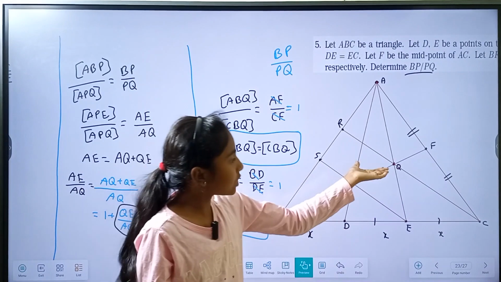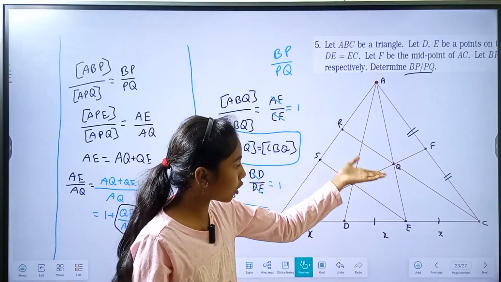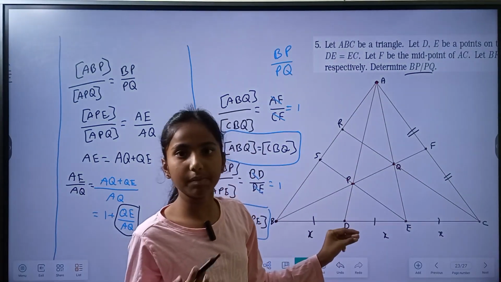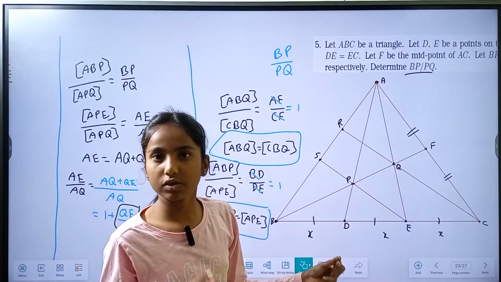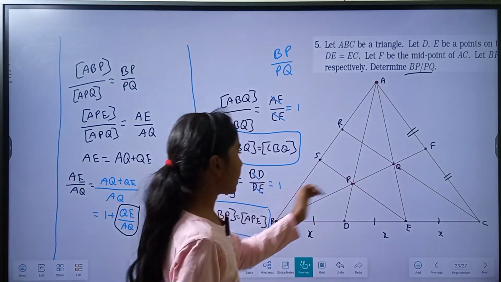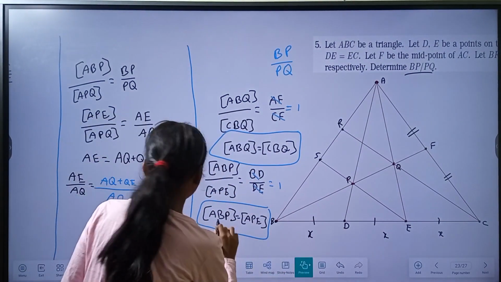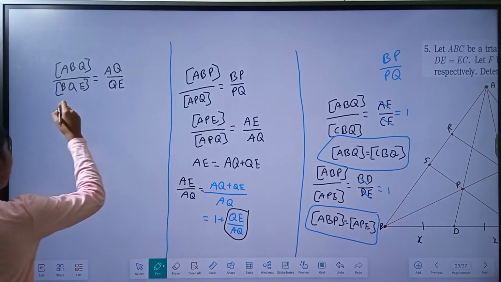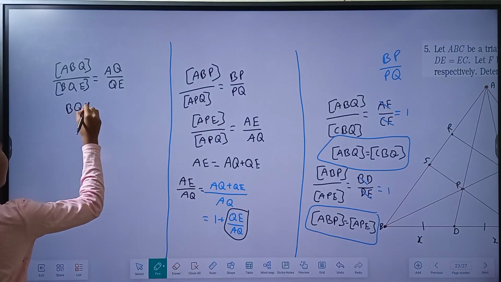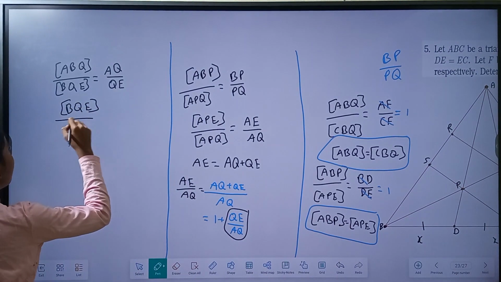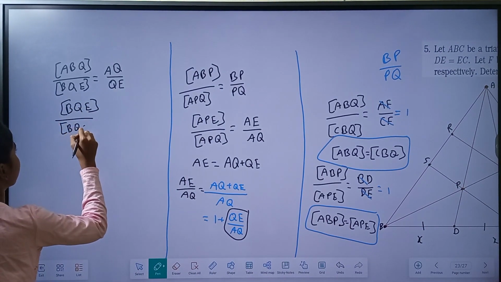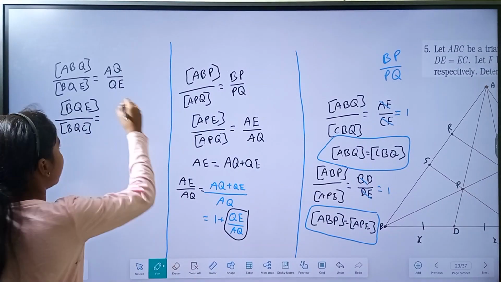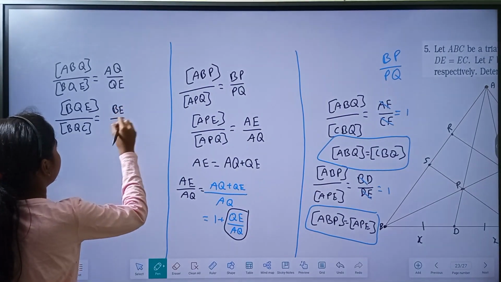So again, Q is lying on the parallel line opposite to these bases, so the perpendicular distance between them is equal and the lengths of the altitudes are also equal. So BQE divided by BQC equals BE by BC.